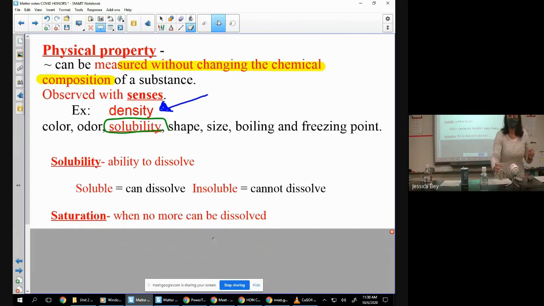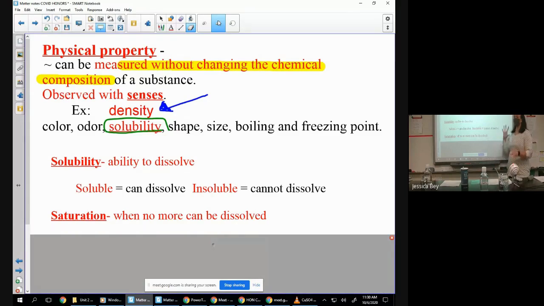Okay, so I just want to take a moment and make sure that everybody understands all of these terms, because I think you probably heard them along your scientific career, but now we just made it official. Okay. But the fact that something can dissolve is a physical property of that matter.